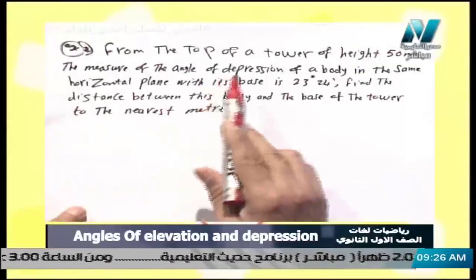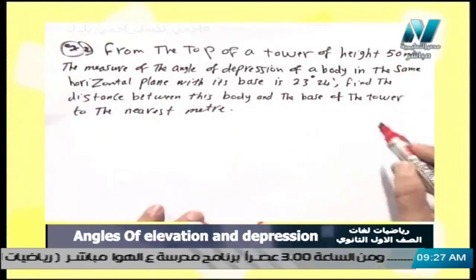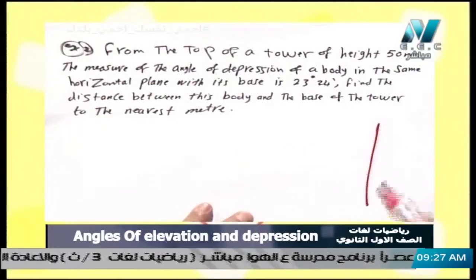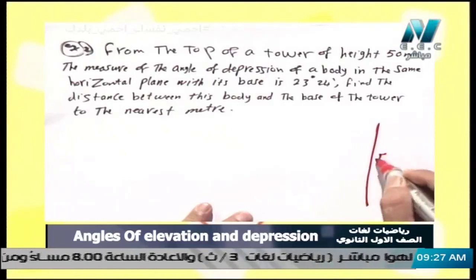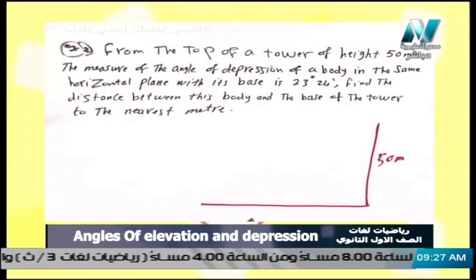We will have another example about the angle of depression this time. From the top of a tower of height 50 meters. So here we have a tower and its height equals 50 meters. And this is the ground, of course.